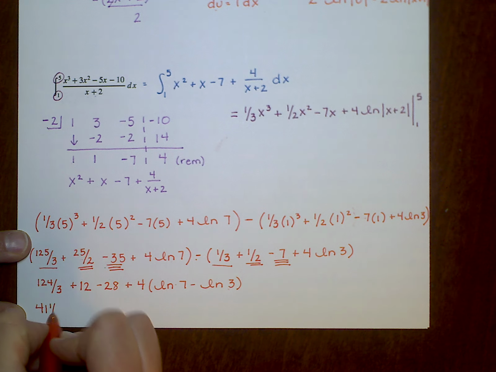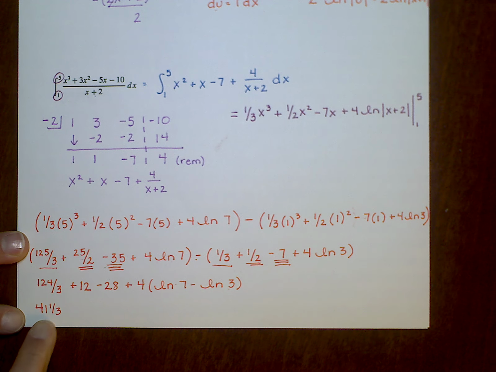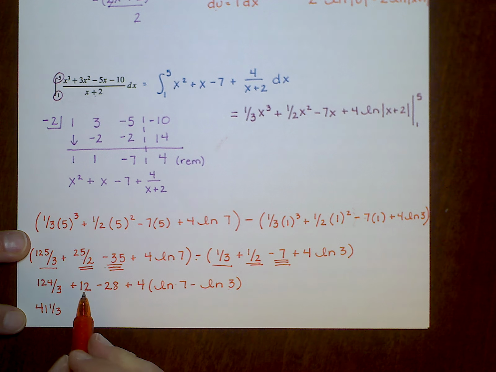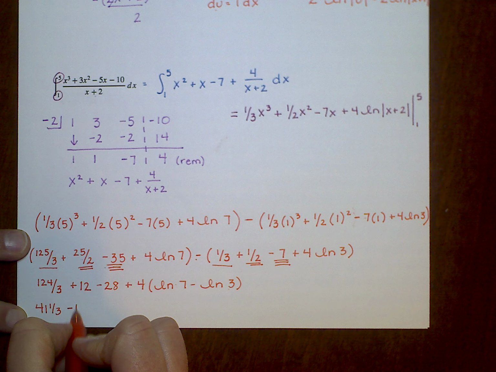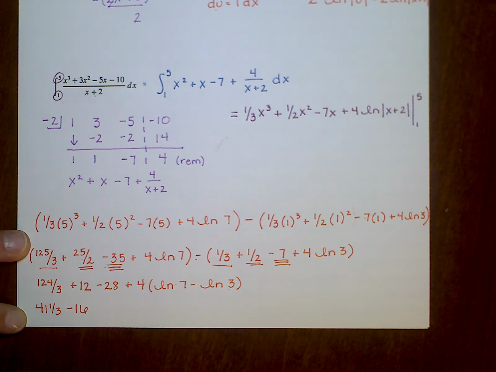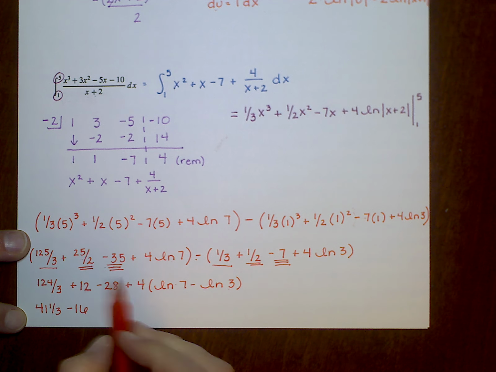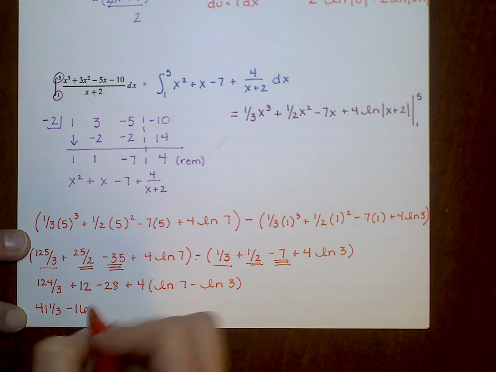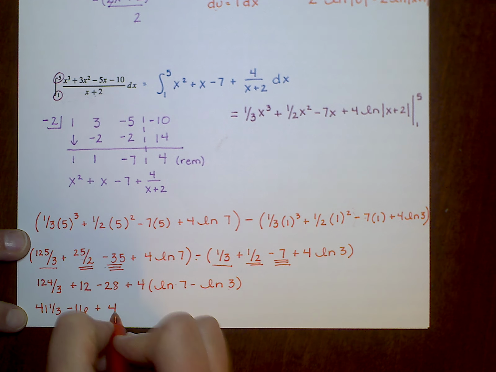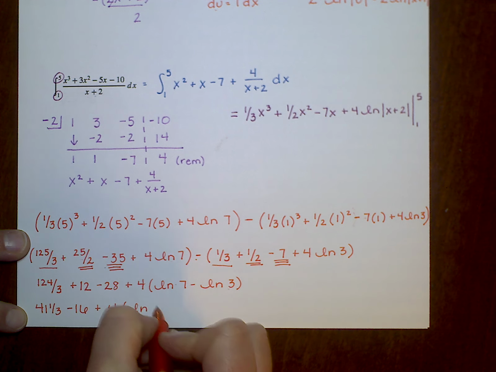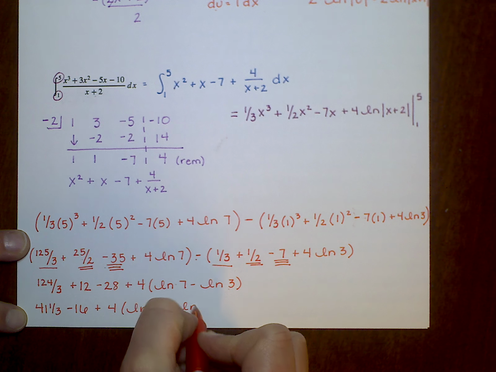I really hate writing fractions like that, but this is way easier on me mental math wise. 12 minus 28 is going to be negative 16. Okay. Just double check my math there. Yeah. And then plus 4 natural log 7 minus natural log 3.